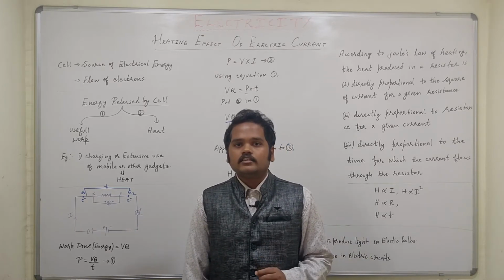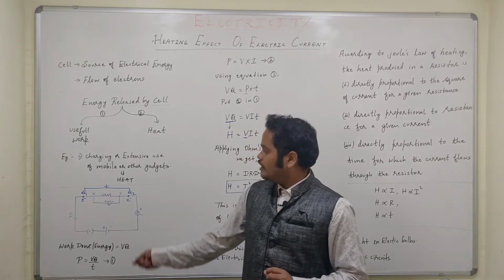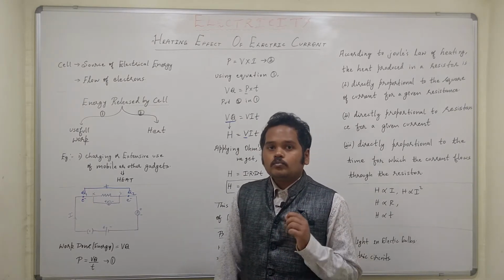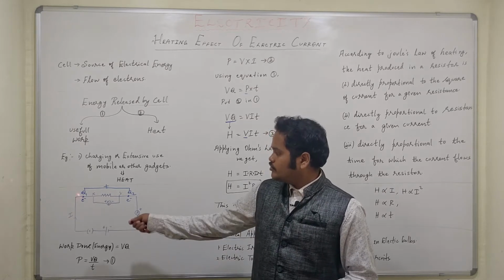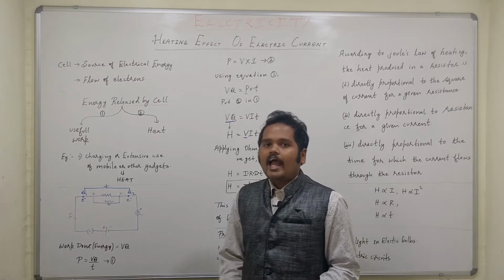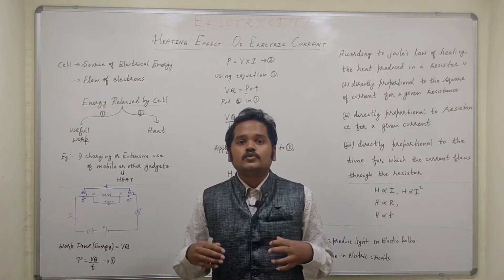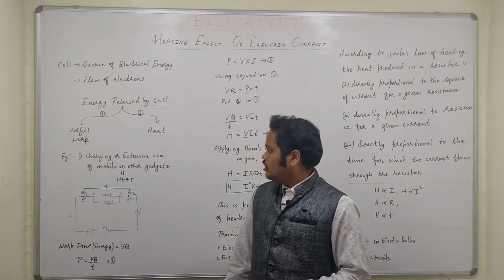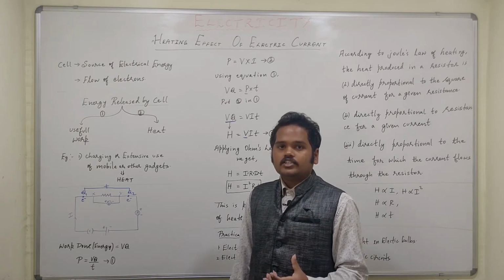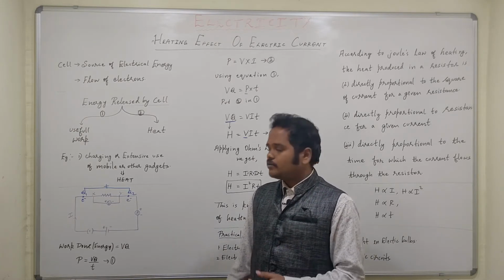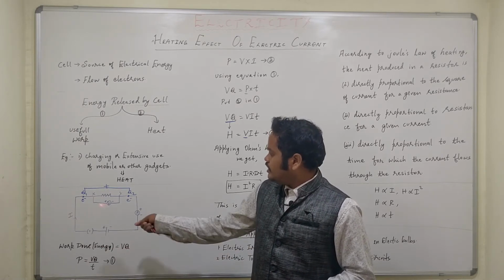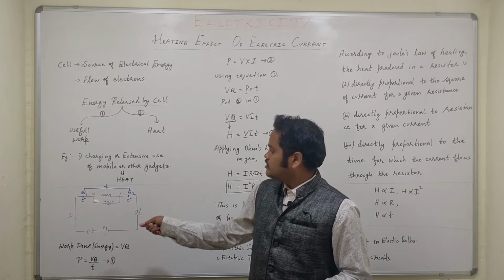Let us consider that a charge or an electron is at position Q1. Now to move an electron from position Q1 to Q2, the cell has to expend its energy, that is, it has to do work. The work done by the cell or the battery is nothing but the energy, which is V into Q, the voltage and the charge multiplied.